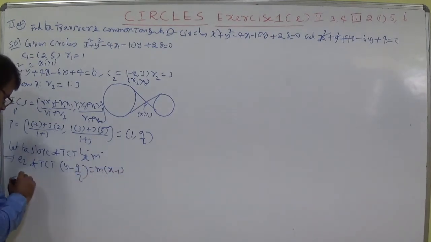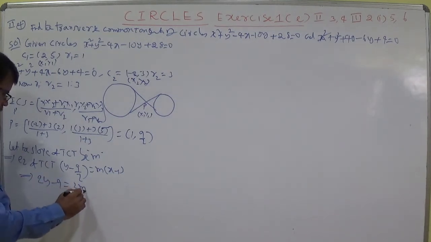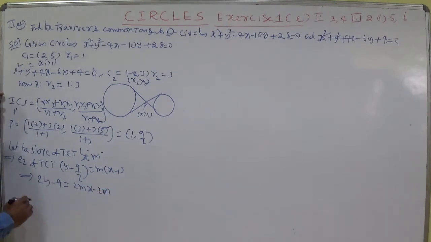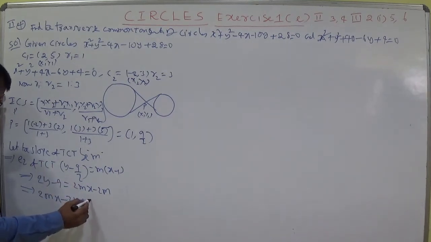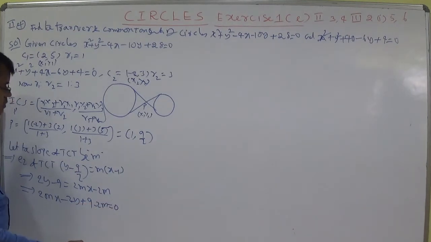By taking LCM, 2y minus 9 is equal to 2mx minus 2m. That implies 2mx minus 2y, and taking this to one side, plus 9 minus 2m equal to 0.